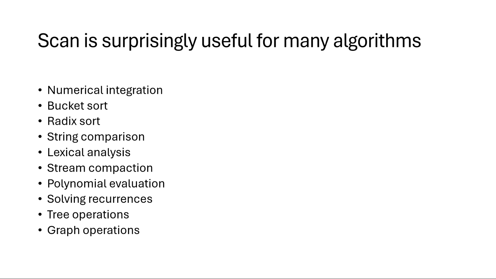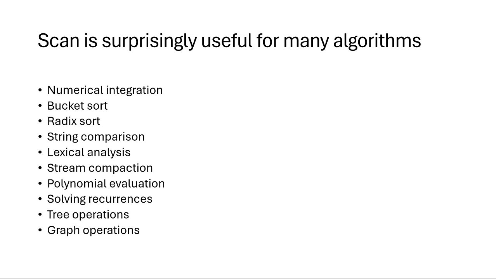And even applications like solving recurrence relations, right? Do you remember that's how we calculate complexity equations for algorithms. So sometimes those recurrence equations get really complicated and you need an algorithm to actually find the complexity of something else. And also lots of algorithms operating on trees and operating on graphs.